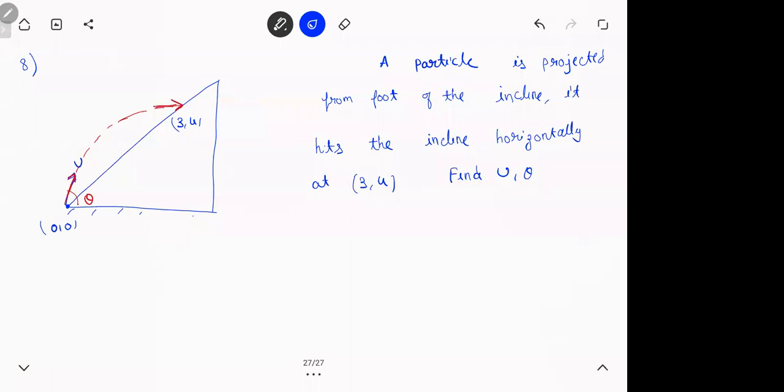So the theta is the angle of projection. That is not the angle of incline. This is not given. This you don't know.